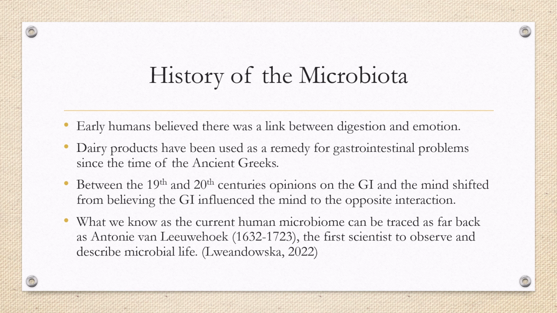What we know as the current human microbiome can be traced as far back as Antony van Leeuwenhoek, the first scientist to observe and describe microbial life. When he was making discoveries about all of this microbial life on our body and in our body, he realized, wow, there's a lot of life.